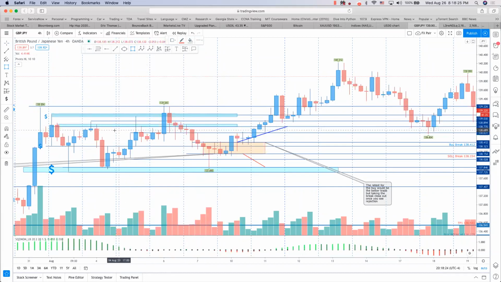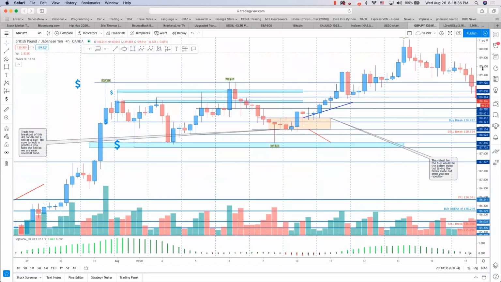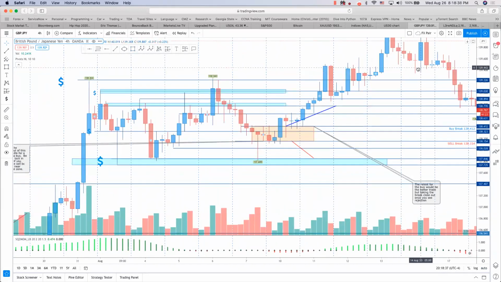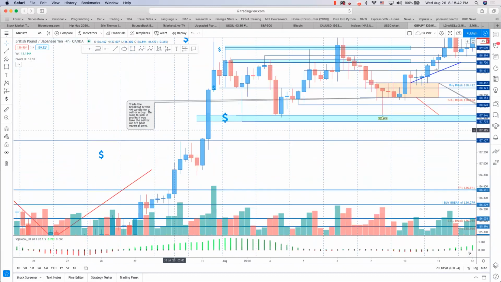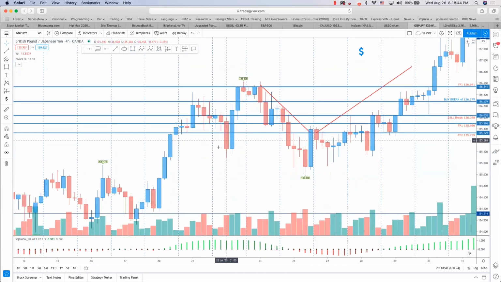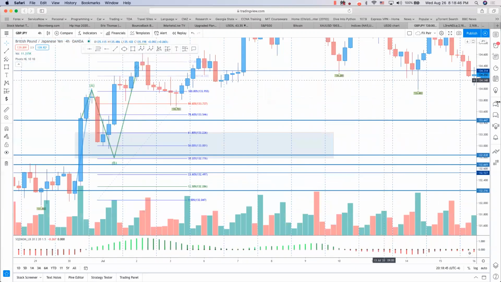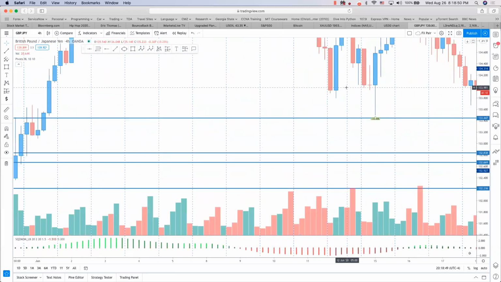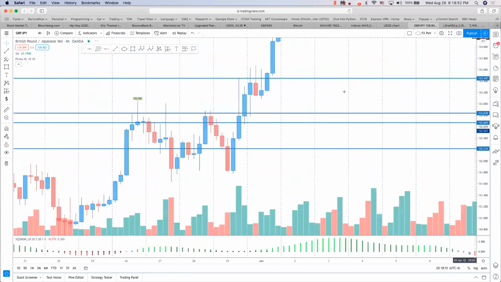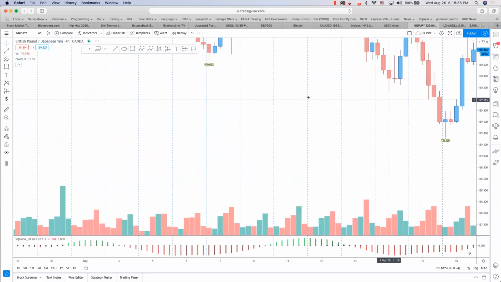We would probably say we got a zone above here, but this is marked up for something different. So I can't use this area. This is marked up for an accumulation zone, and I don't want to mess that up. So let's go to a different area. That one is too. Let's go back a little further.